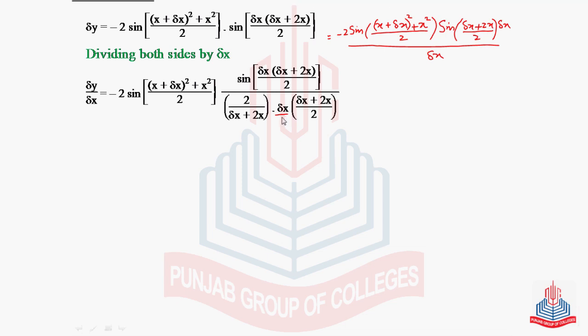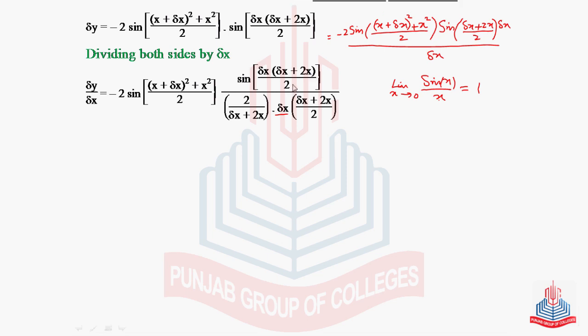To complete the formula of sine x divided by x, limit x approaches to 0, sine x divided by x is equal to 1. So to complete this result, we have to make in the denominator the same thing which is appearing as the angle of sine x. The angle of sine is delta x plus 2x divided by 2, but we have only delta x.